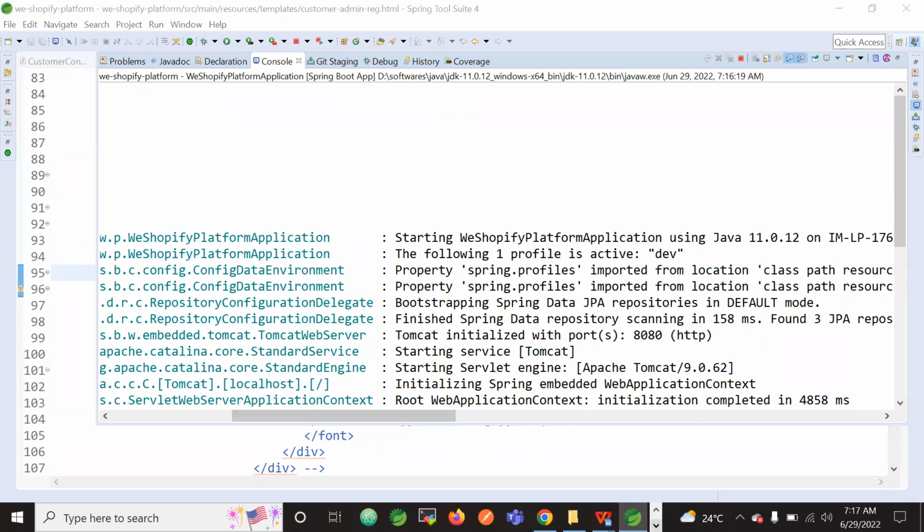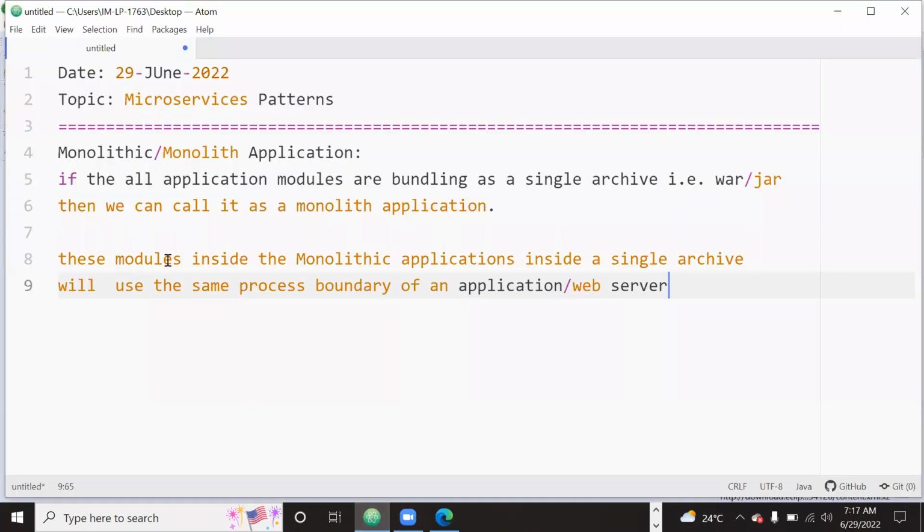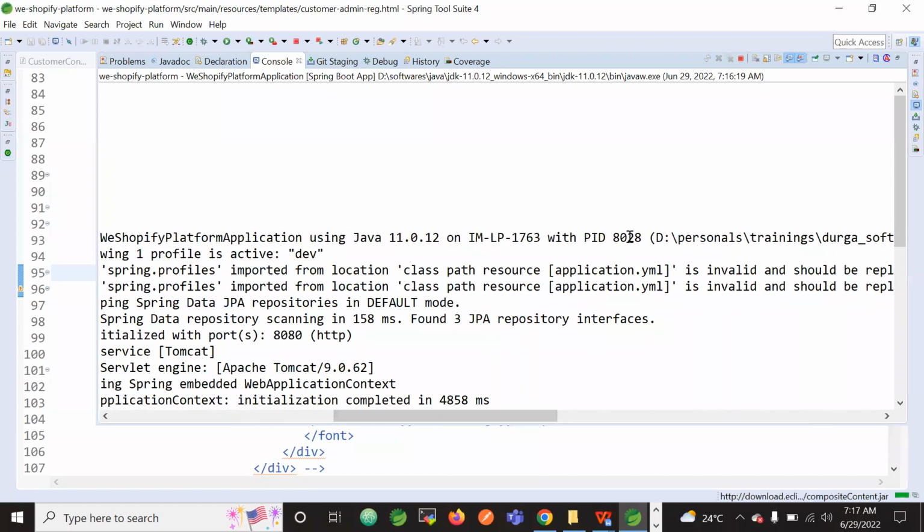So all the modules inside the monolithic application in a single archive will use the same process boundary of an application or web server, right? When we start, a process has been created, and within this process, all the modules will be there.